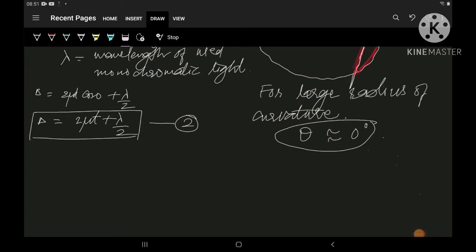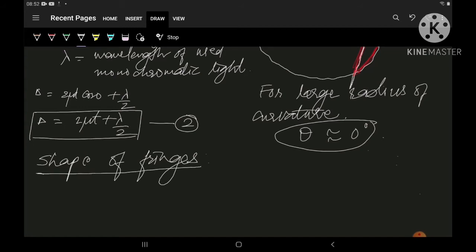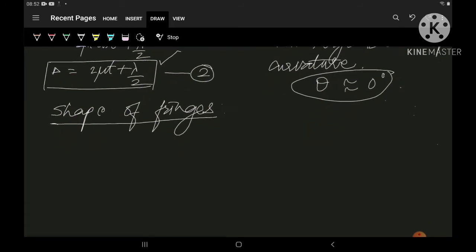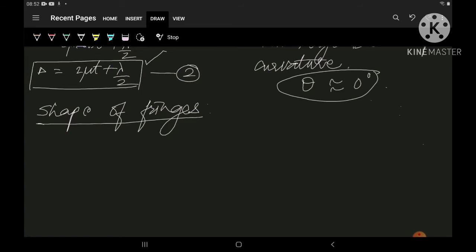Now let's see the shape of interference fringes which will be found from the Newton's rings experiment. Shape of fringes means which type of interference fringe will be found. Here we will use the concept of path difference, as we have studied, for maximum intensity or bright fringe.